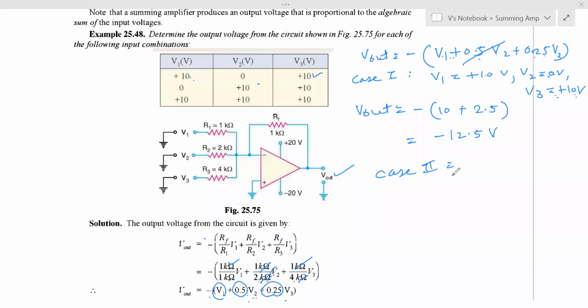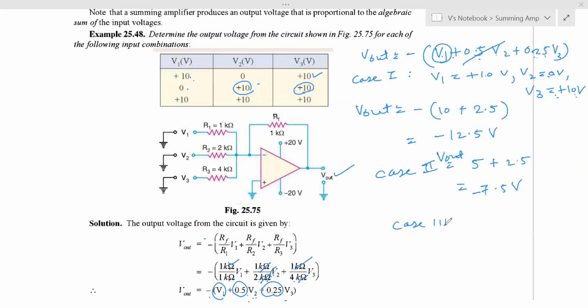ओके, सिमिलरली केस 2 के लिए कैलकुलेट करो। 0, ये 0 हो जाएगा, 0.5 इंटू 10 will be 5 volt and 0.25 multiplied by 10 will be 2.5. So case 2 में output equation will be V out equal to 7.5 volt with minus sign.